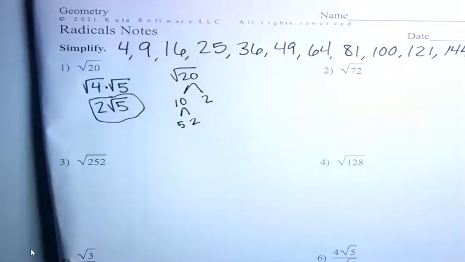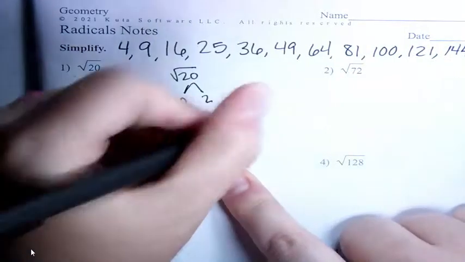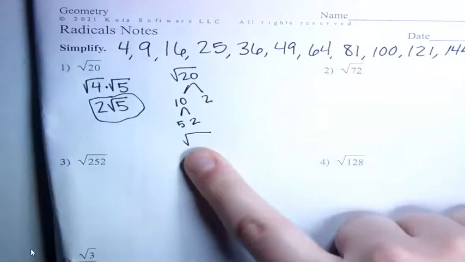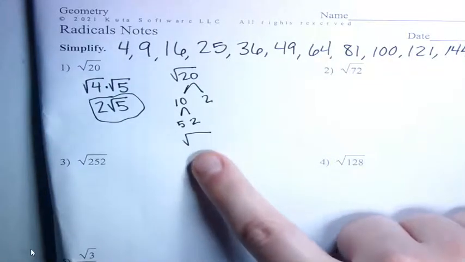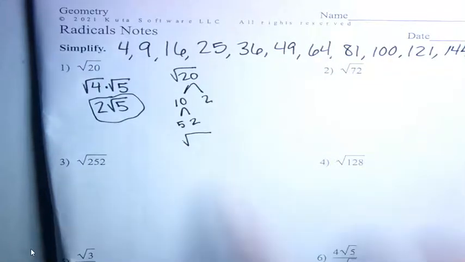And then when you are trying to figure out how this is simplified, this is how I was taught. Act like this is a jail. Your square root symbol is a jail, and this 5 and that 2 and that 2 are trying to get out of jail. The only way you can get out of jail is to form a gang.